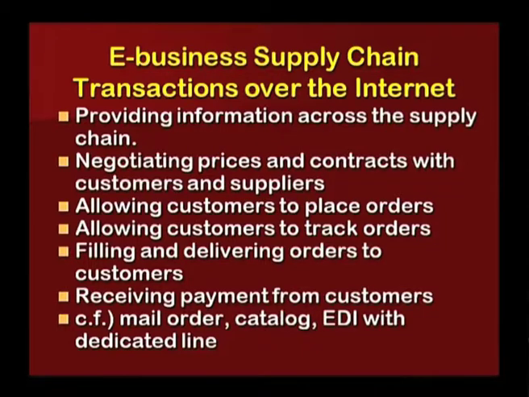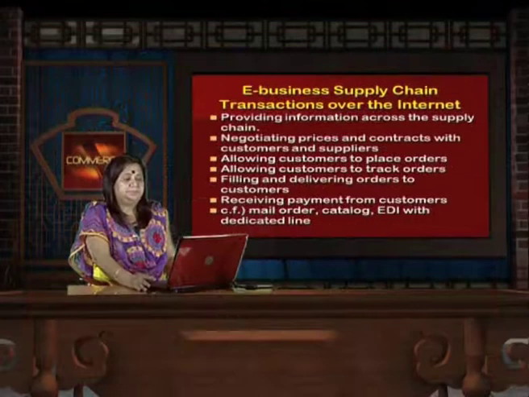It helps in filling and delivering orders for the customers. It is receiving any payments from customers, like you have a mail order, catalog or EDI with the dedicated line, that is the electronic digital information base which generally connects you to the particular information line.